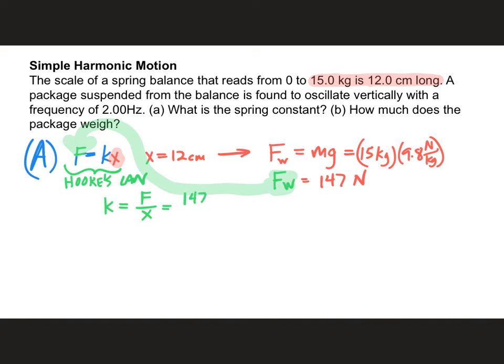So I'll have 147 newtons over, well, instead of 12 centimeters, it'll be 0.12 meters. And that means I have 1,225 newtons per meter. So that's our spring constant, 1,200-ish newtons per meter.